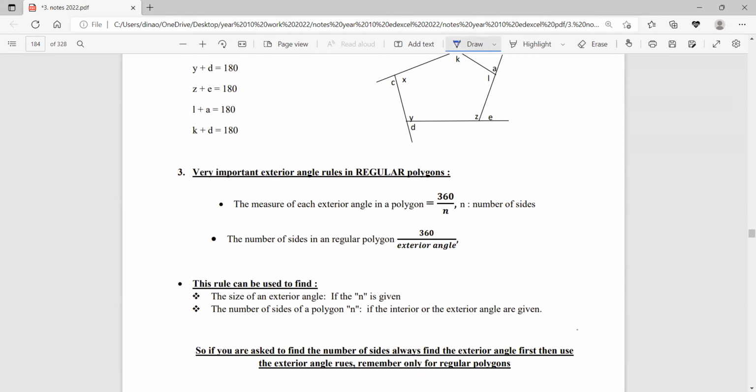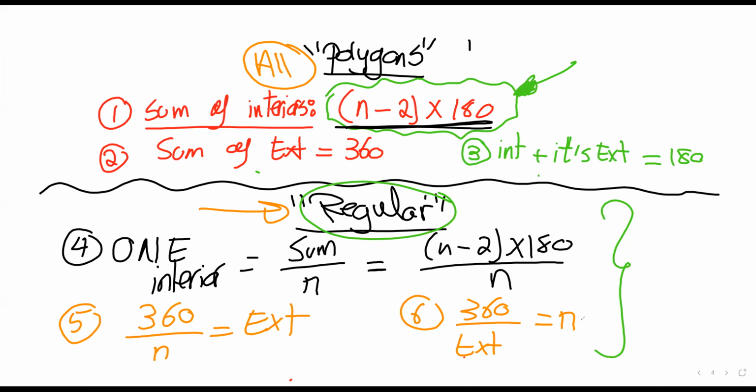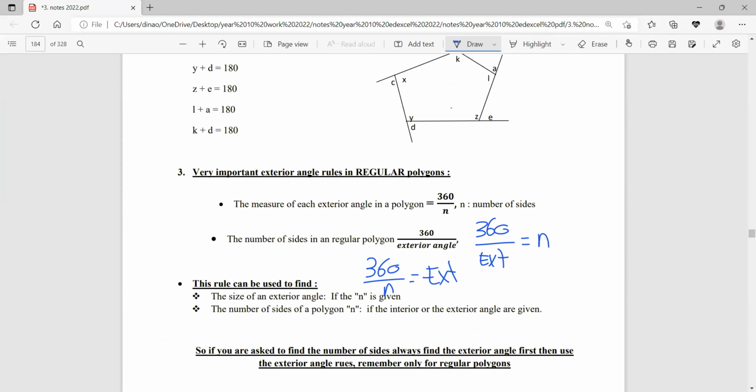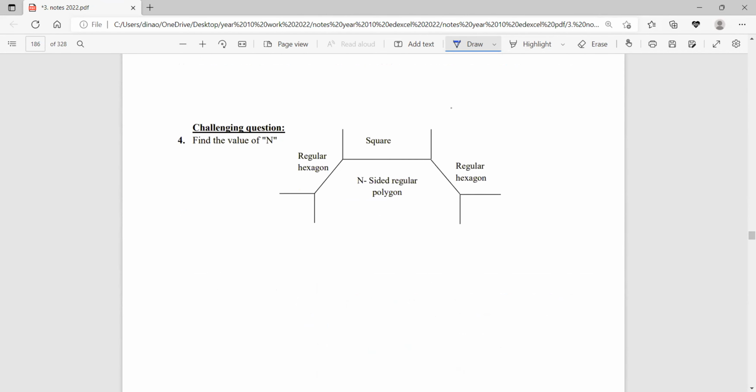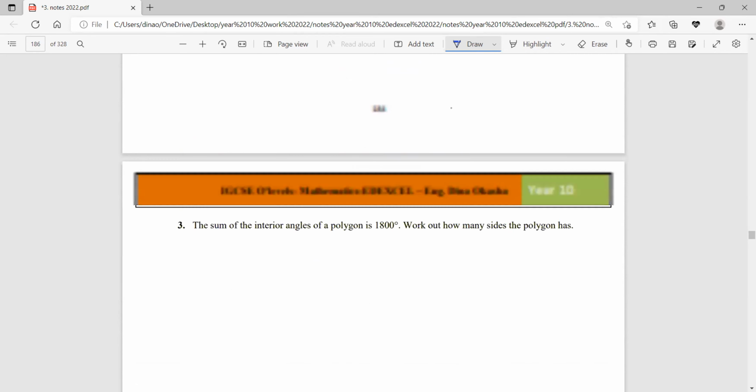If you want to rewrite them: 360 over the exterior angle gives the number of sides, and 360 over the number of sides gives the exterior angle. And we have the whiteboard with the rules, you can just use this as a reference for the rules that you need. Let's go back to the notes and see some examples. We need to solve some questions on what we have taken. We have 2 pages left that we will do and solve, and then we are done.